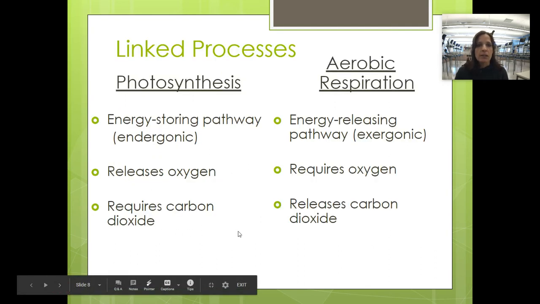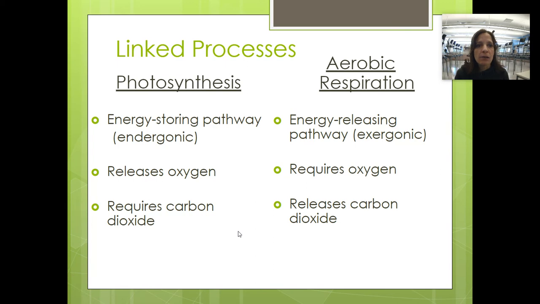So we're going to talk a little bit right now about how photosynthesis and aerobic respiration, which we just talked about, are related. And so photosynthesis, remember we talked about endergonic. So the products have more energy. So glucose has more potential energy in it than carbon dioxide and water.